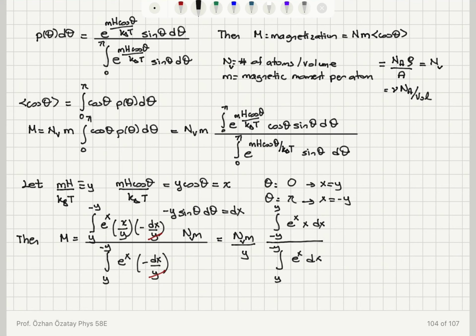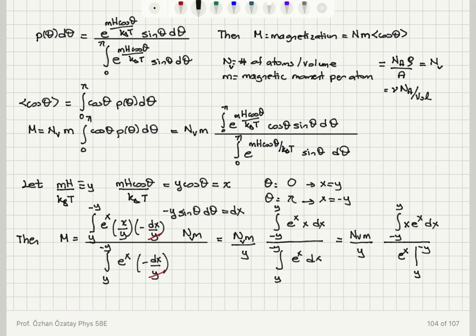So this will give me number density, magnetic moment per atom, divided by y, integral from minus y to plus y, x e to the x dx. And here I can perform this integral. The integral of e to the x dx is e to the x from y to minus y.